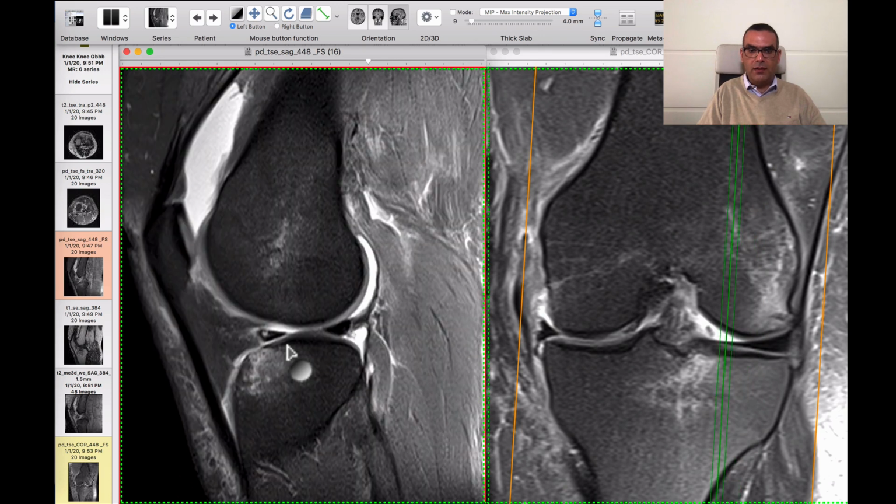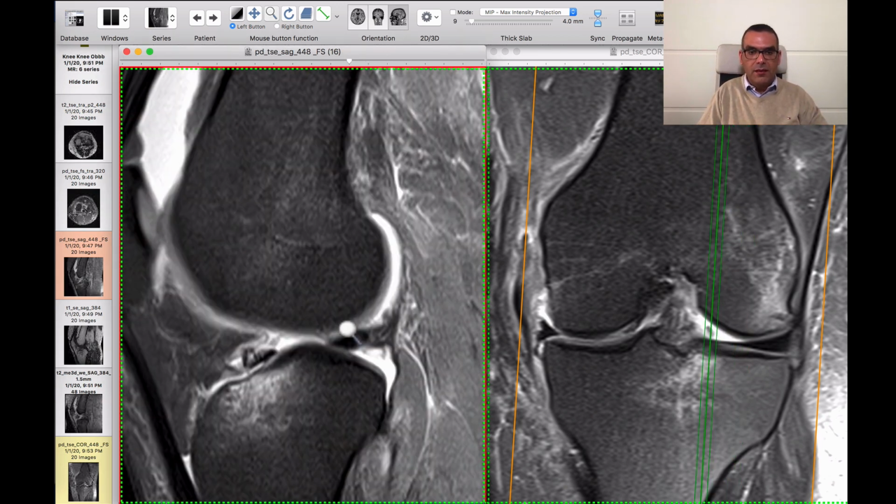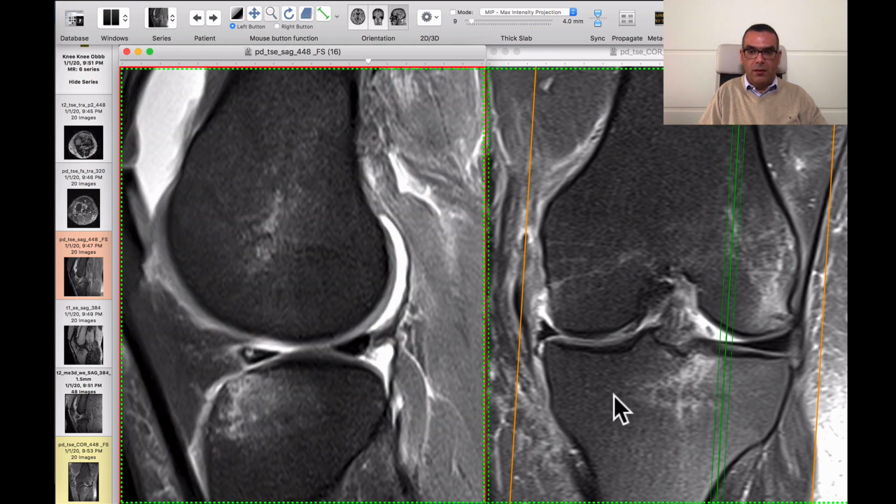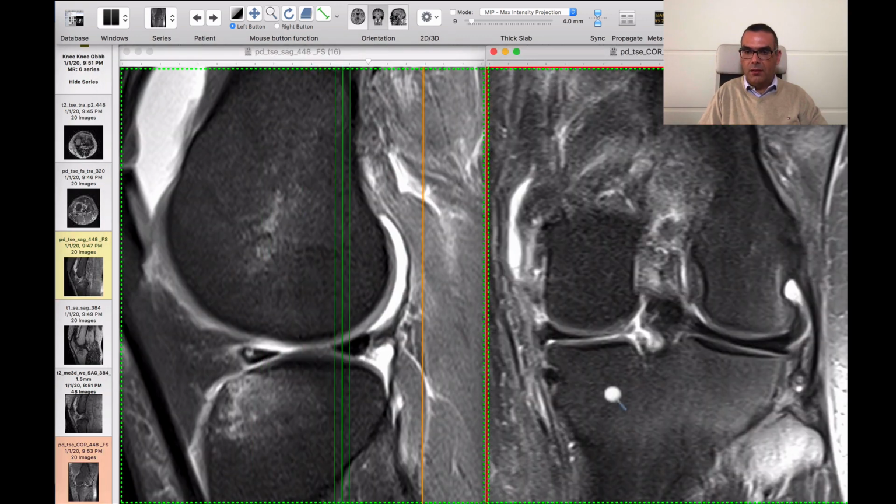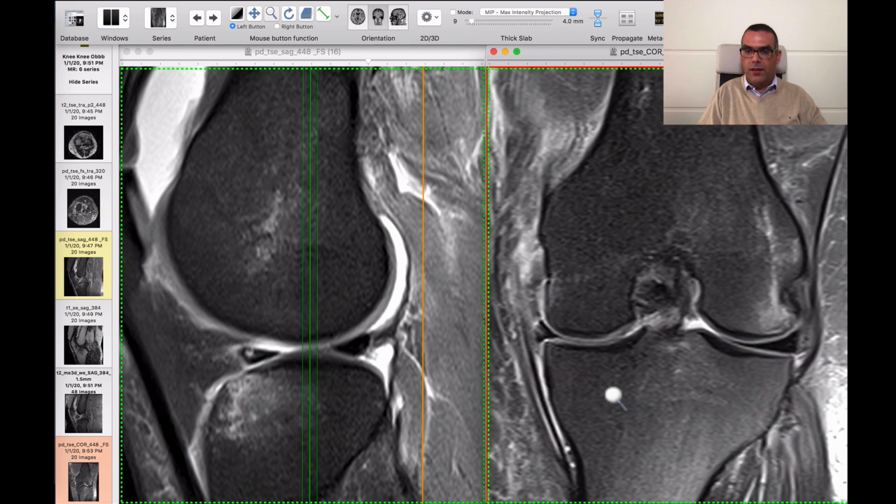Now switching to the lateral side, there is a tiny tear at the anterior horn of the lateral meniscus, and this is reaching the meniscal superior surface, and this is just a small tear.